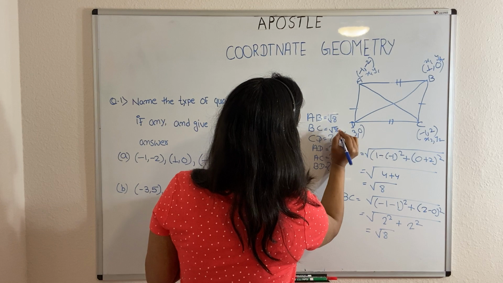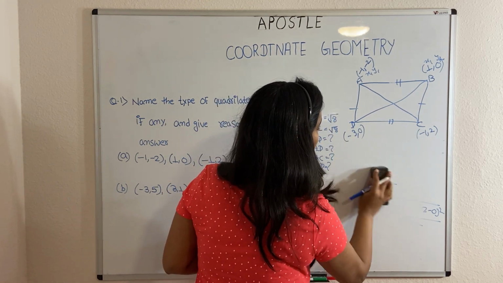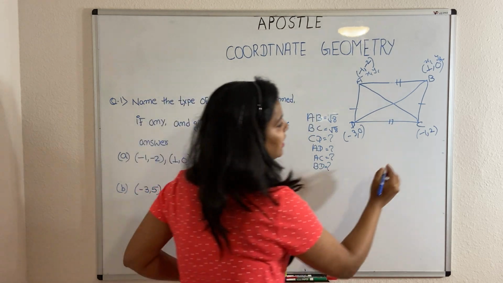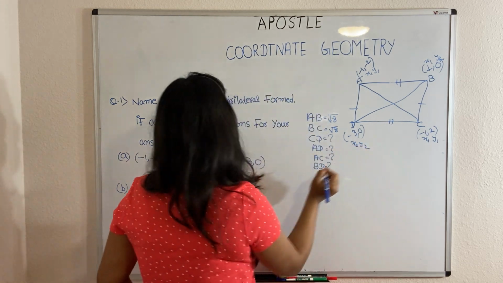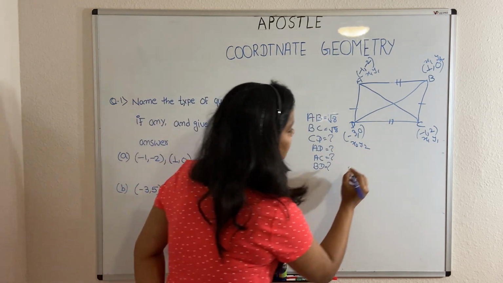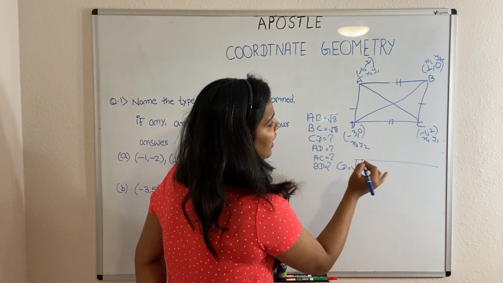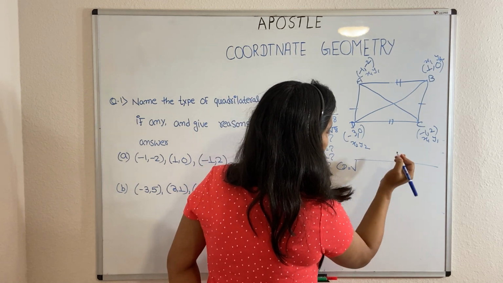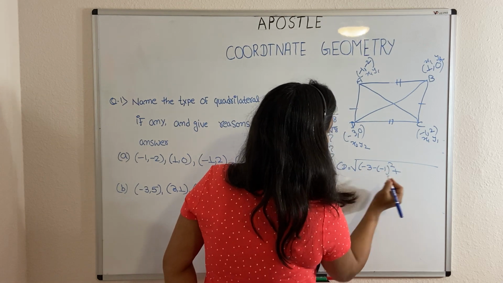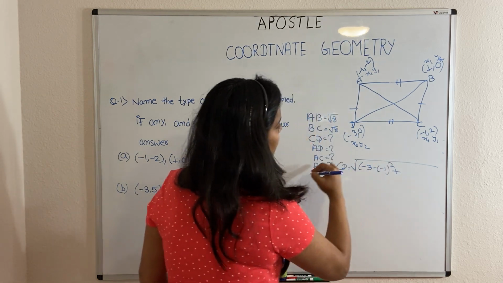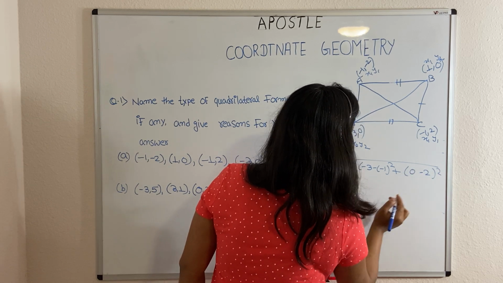Now we have to calculate the value of CD. In the case of CD, this is going to be x1, y1 and this is going to be x2, y2. Clear? So again I am applying the same distance formula for CD. x2 minus x1, so minus 3 minus of minus 1 whole square plus 0 minus 2 whole square.